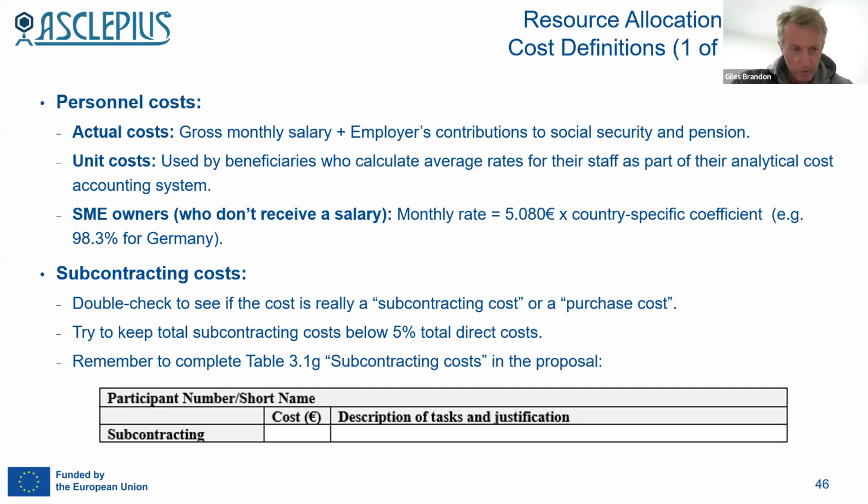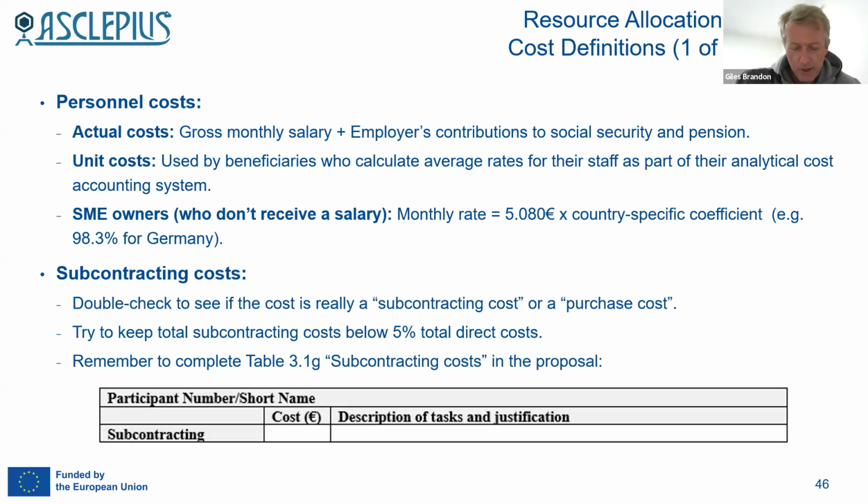You often have cases with SME owners where they don't pay themselves a monthly salary, but they just take company dividends. If that's the case, for Horizon Europe, the way you calculate a monthly figure for them is there's this calculation from the Commission. You take 5,080 euros and then you multiply it by a country-specific coefficient.